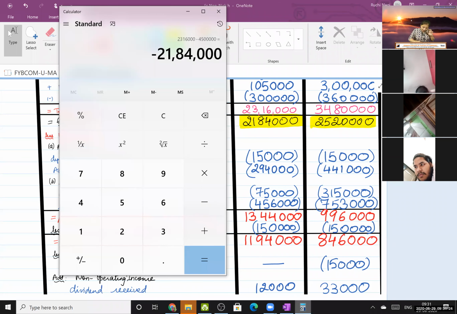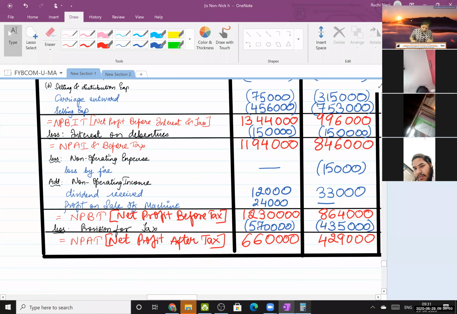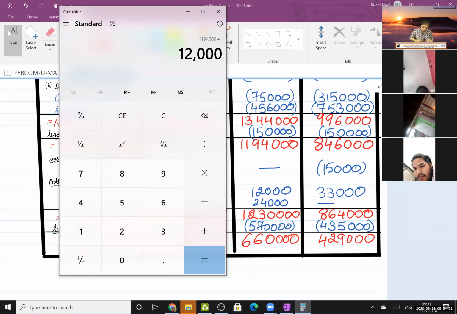21 lakh, this is done. 21 lakh 84,000 minus 15,000 minus 2 lakh 94,000 minus 75,000 minus 4 lakh 56,000. 13 lakh 44 minus 1 lakh 50. 11 lakh 94. Next, plus 12,000 plus 24,000, which is 12 lakh 30 minus 5 lakh 70.